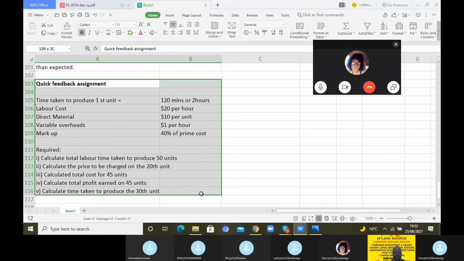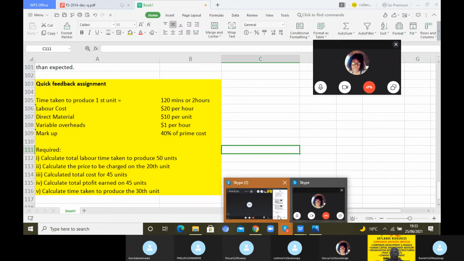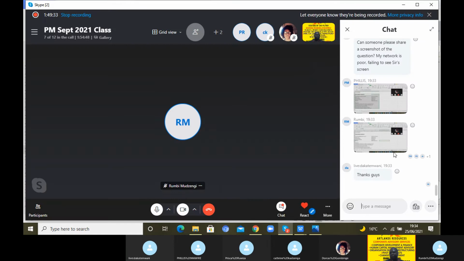Yes, the assignment. Can you take a snapshot of it and share it in the group? Just take a snapshot of it. Okay. So I need an answer to this question.